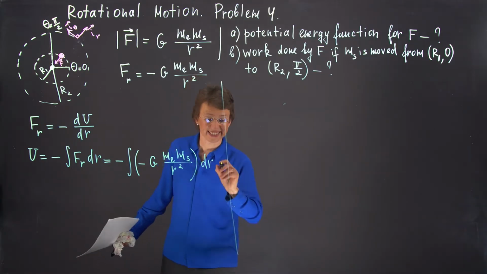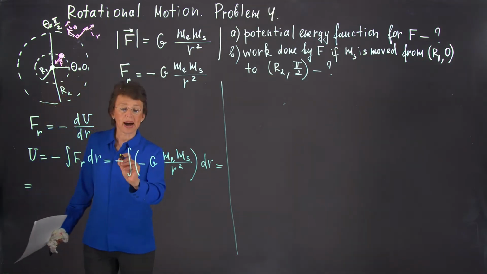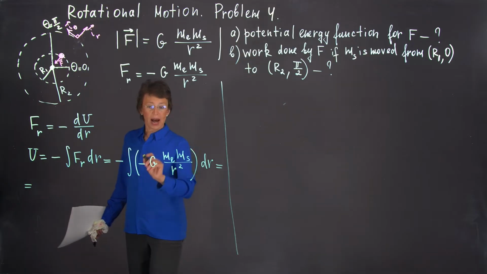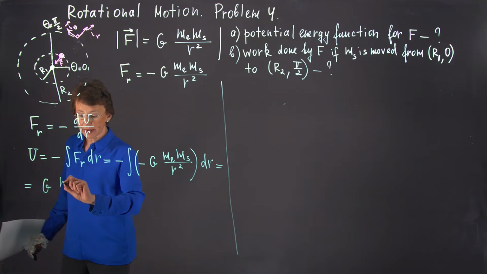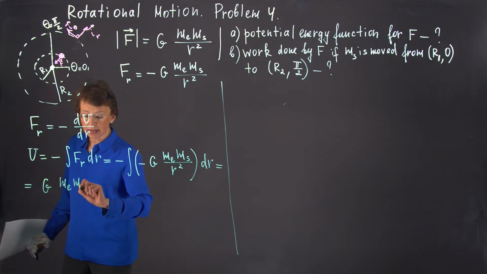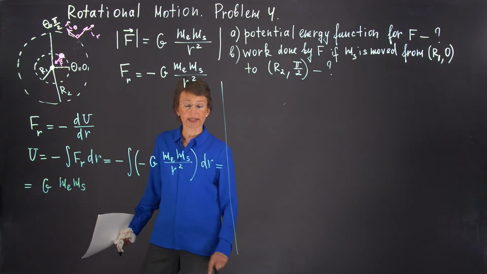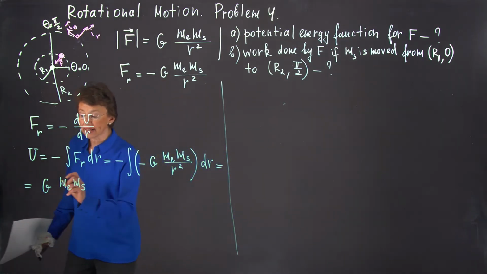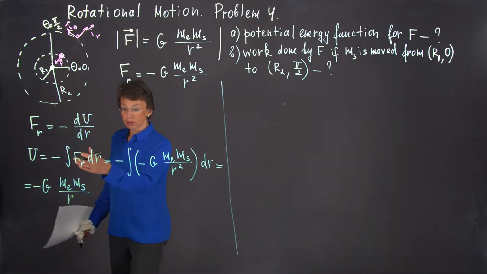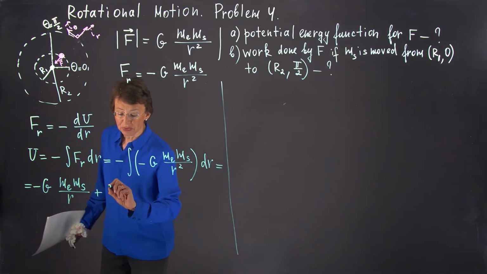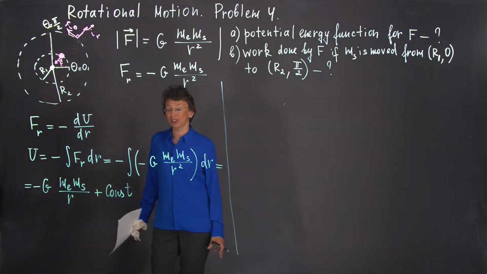I will put the line here, and let's take this integral. Minus minus plus. I take all constants out of this integral, G, ME, MS are all constants, and dr over r squared gives me minus 1 over r. Minus 1 over r. And I'm using indefinite integral plus constant, and this is my potential energy function.